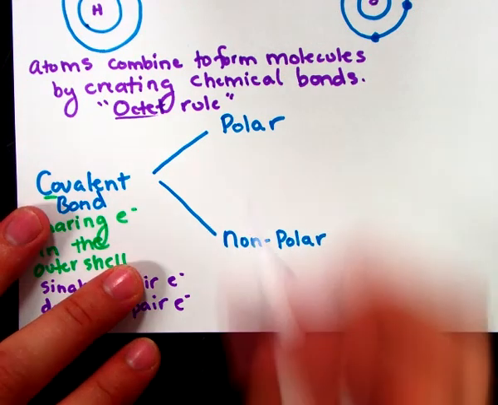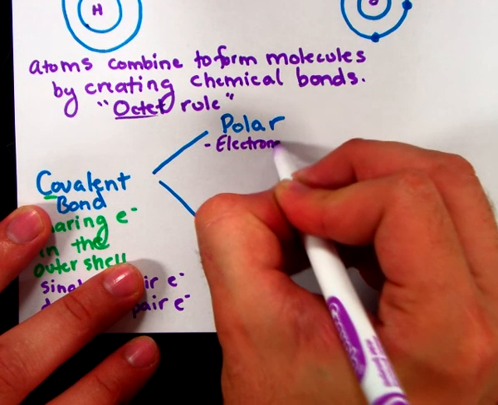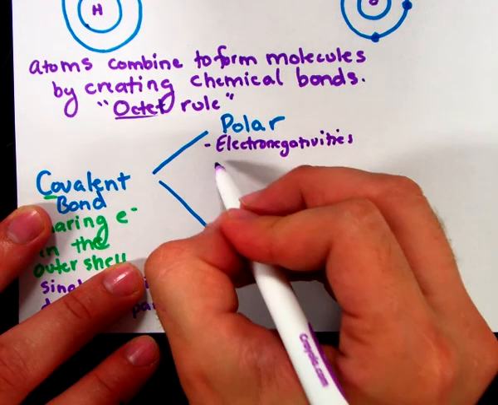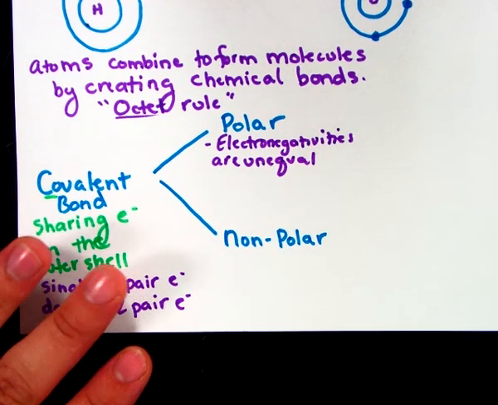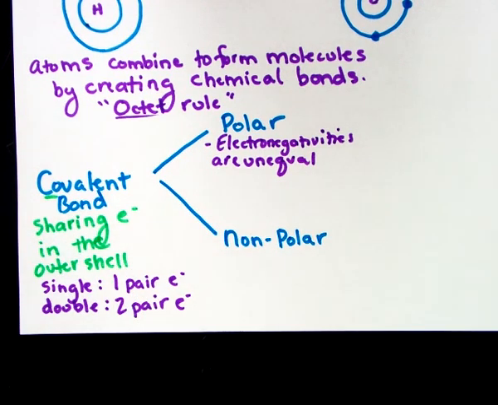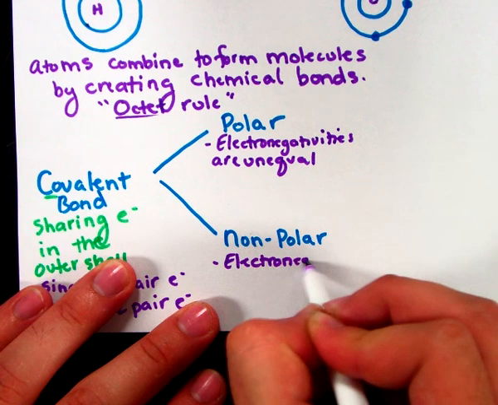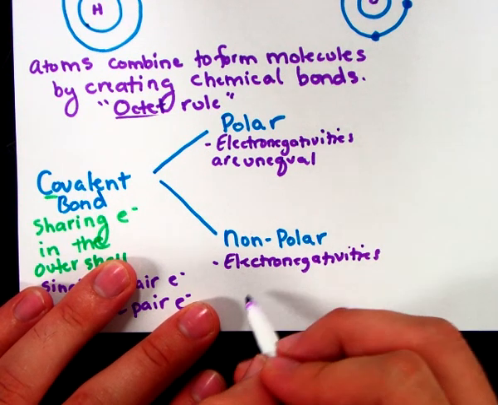Polar just means that the electronegativities are unequal. And nonpolar means the electronegativities are equal.